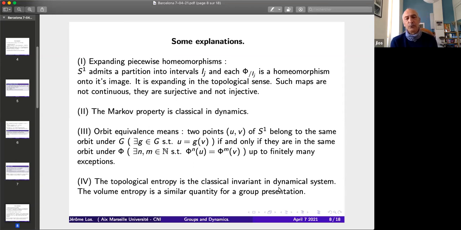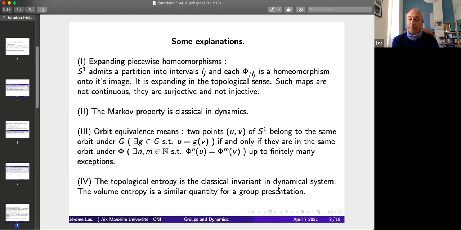So saying that a map and the group are orbit equivalent means that they act on the same space, here the circle, and if you have two points in the same orbit of the group, meaning that there exists a group element g that sends one point to the other, u equals g of v, if and only if they are in the same orbit under the map.